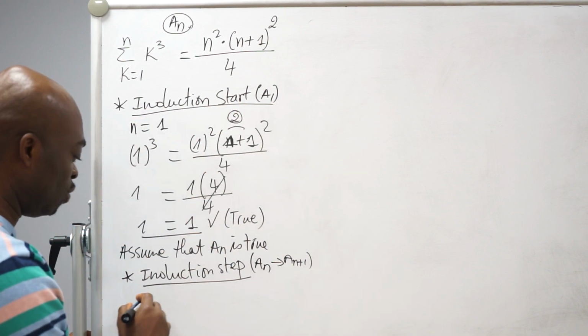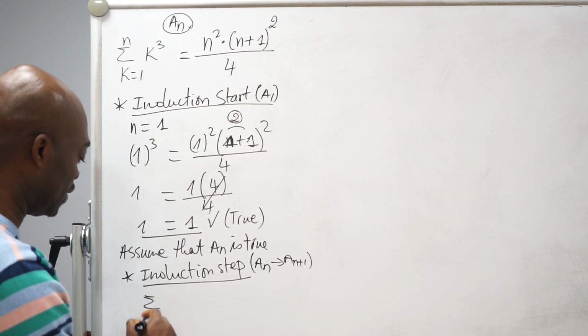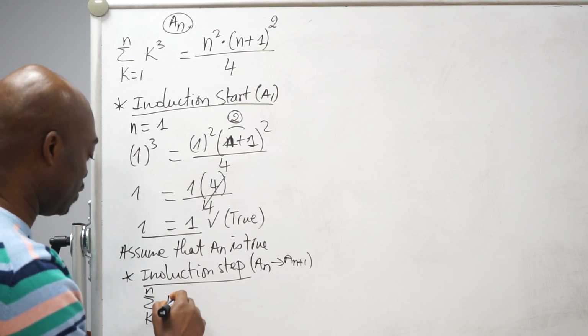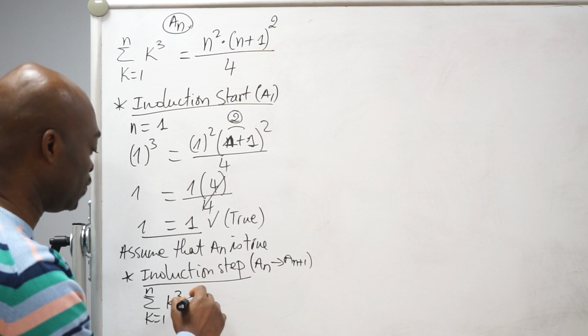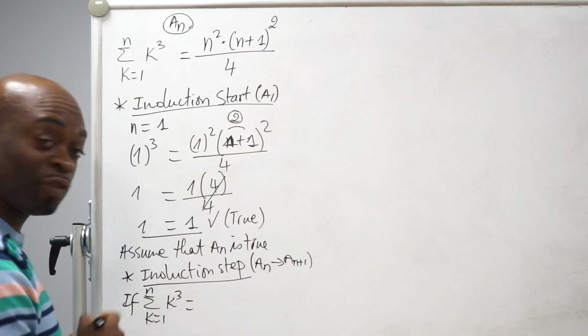So we're going to have the sum of k equals 1 all the way to n of k to the third power equals n. Let's not forget to put the "if" here.